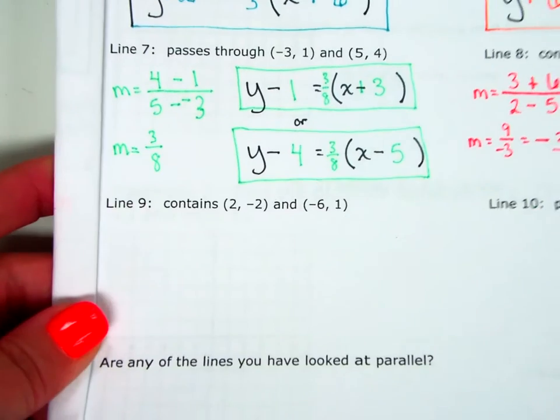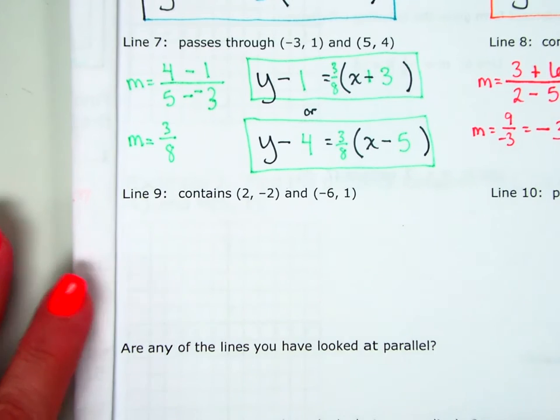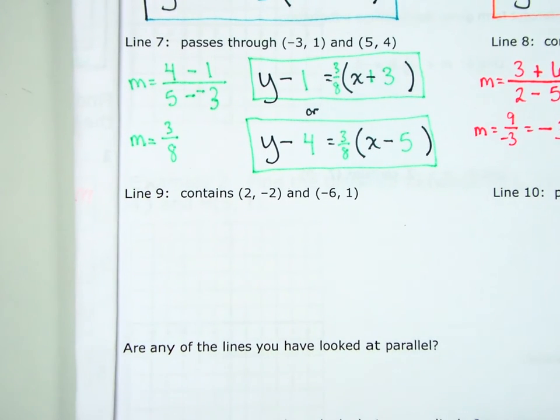Okay? All right. What do I need to do at 9? Find the slope. I'm going to let y'all do that one on your own. Okay? So first find your slope.